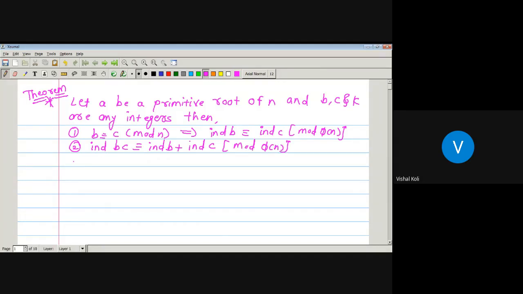Third one, index of b to the power k is congruent to k into index of b modulo phi of n. And in the fourth one we have to prove that index of 1 is congruent to 0 modulo phi of n.